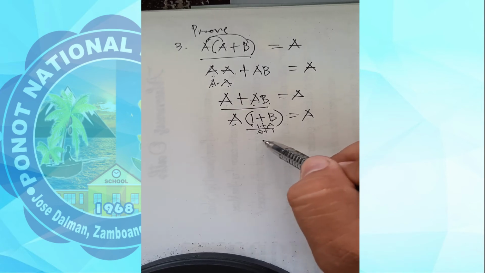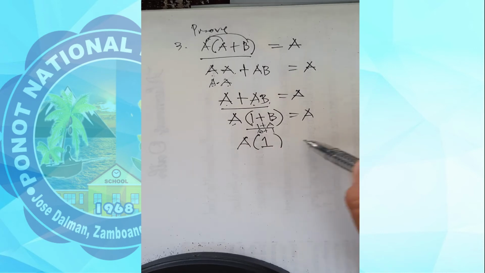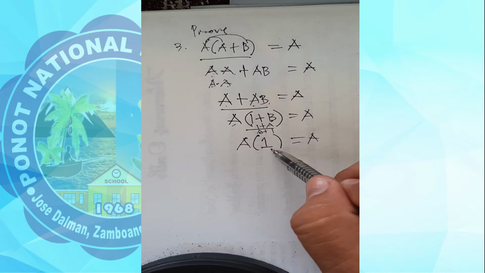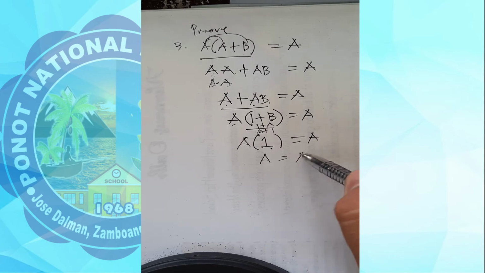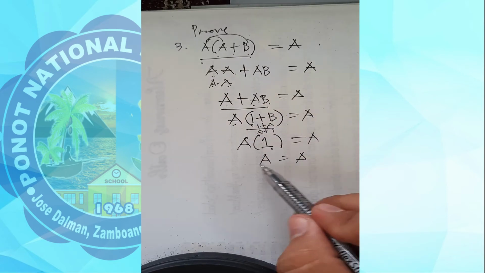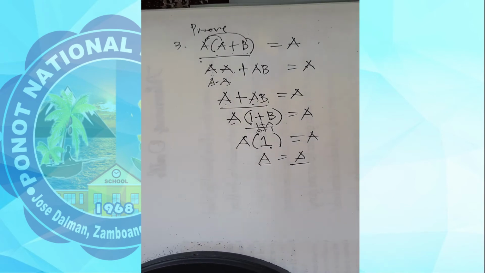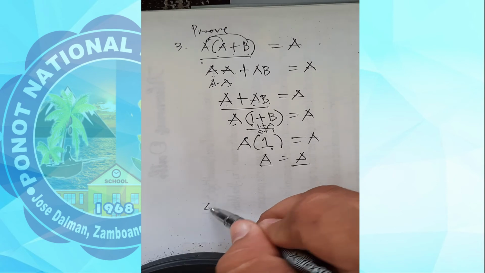It's the same. That will give us the value 1. So, A times 1 is equal to A. Therefore, A times the quantity A plus B is equal to A. So, it is true.